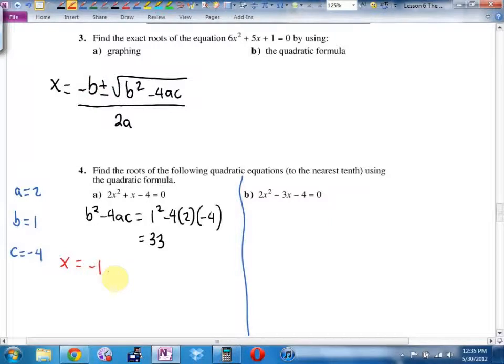Plus or minus the square root of 33, all over... I think I can do the 2a in my head again. If not, I would put brackets around the bottom and do 2a, which is 4. Give me the roots and give me them to 3 decimal places, please.